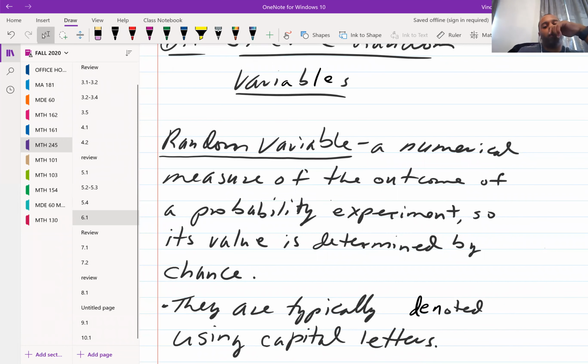They're typically denoted by using capital letters.